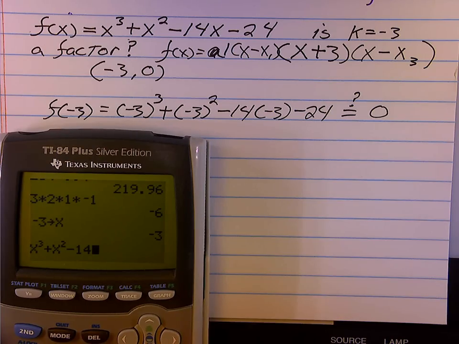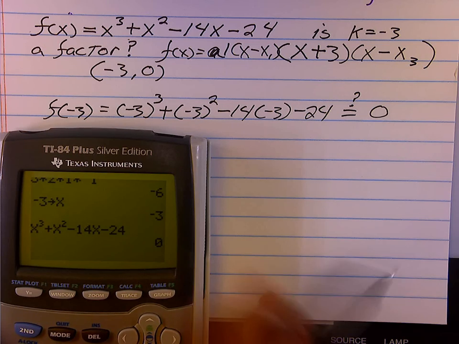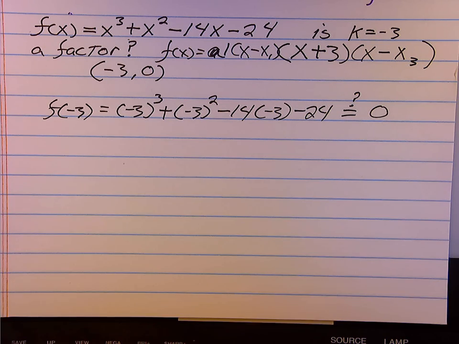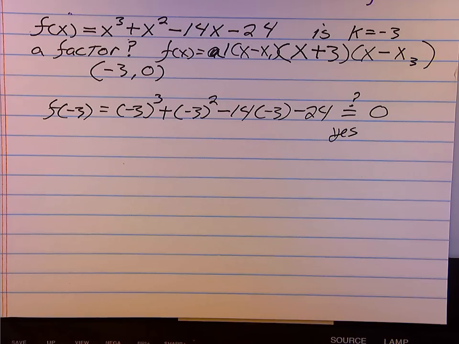Plus x squared minus 14x minus 24. Hit enter and I get yes. It equals 0. Question was, does f of negative 3 equal 0? The answer is yes. If f of negative 3 does in fact equal 0, then k equals negative 3 is a factor.